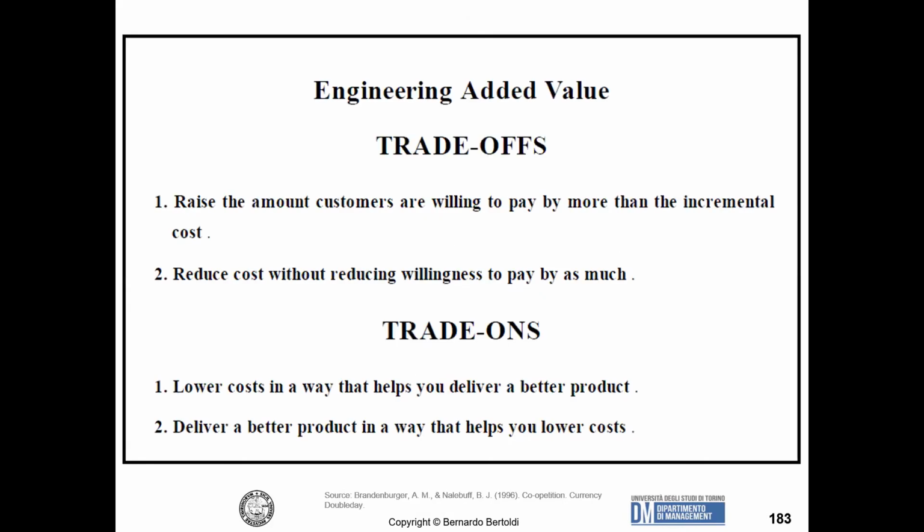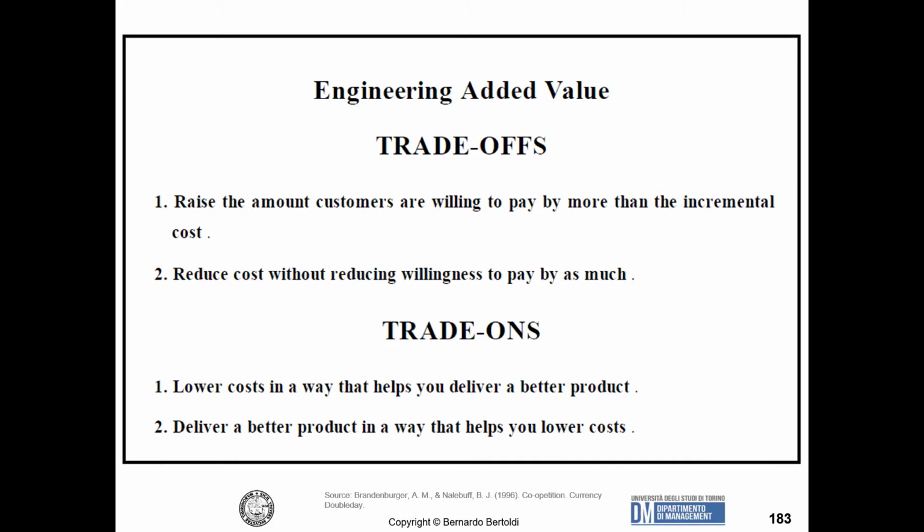One of the most interesting consequences of reasoning based on value is that you can move from trade-offs to trade-ons. Trade-off is very clear. It's again Porter 1.0 kind of thing. If you raise the willingness to pay of a customer, usually you have more cost. You have a better product, you have a differentiating product, you have something more for the customer, and to get that more, you have to pay something more in terms of cost.